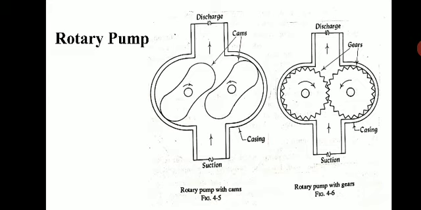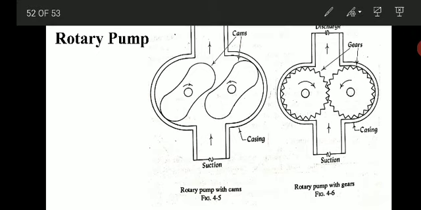The slip becomes excessive with increase in the wear and tear of the pump. Because it is working for more days, there will be wear and tear of the gears and cams, and instead of going up, the water will fall back. So the slip becomes more instead of discharge.